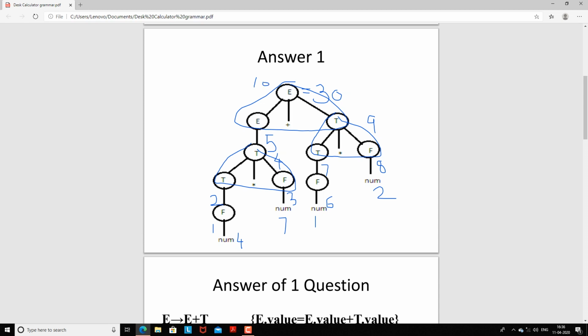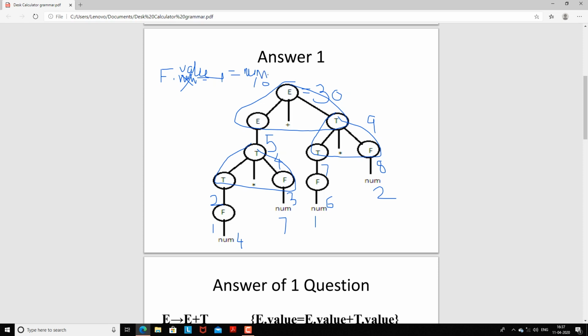When we perform the first reduction, F tends to num, it means at that time this 4 value is stored in that node. So F dot value means we are going to assign a value at a particular node F. The SDT for this node is F dot value equals num dot lvalue, because the leaf node value is provided by the lexical value.